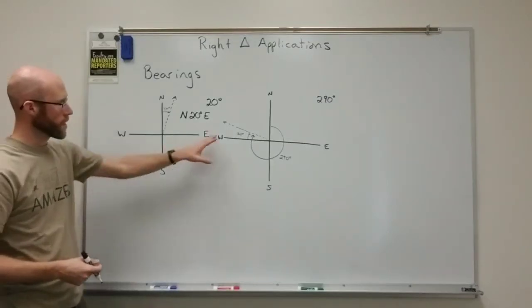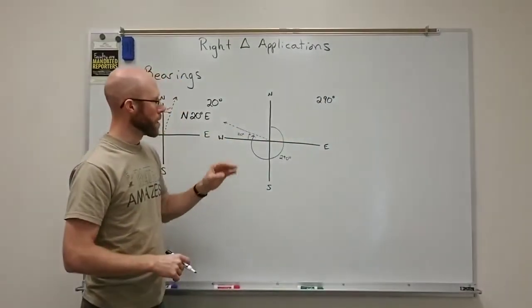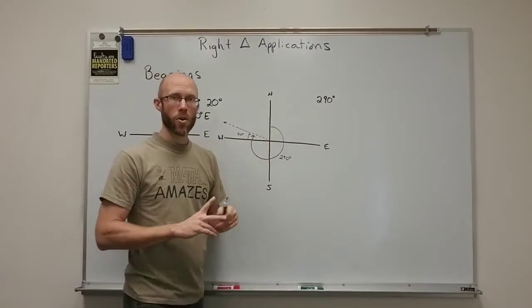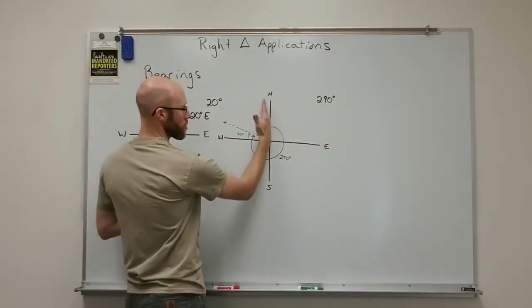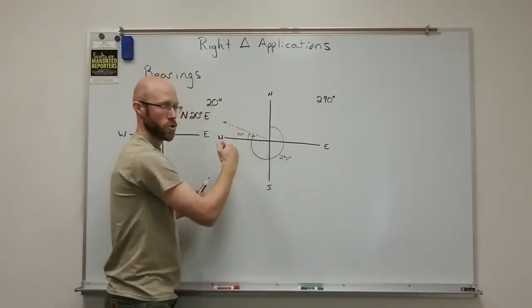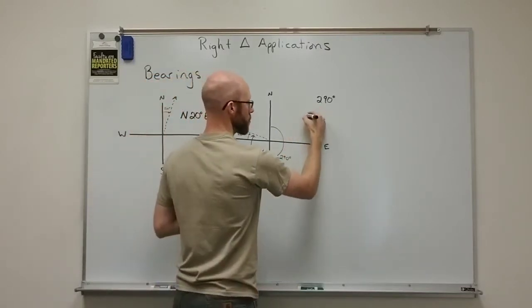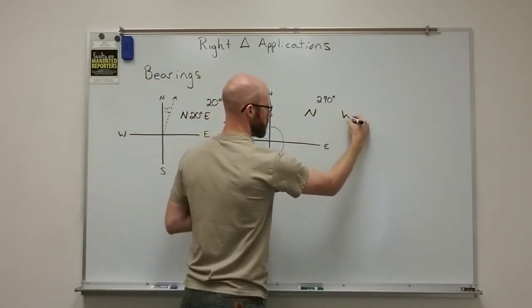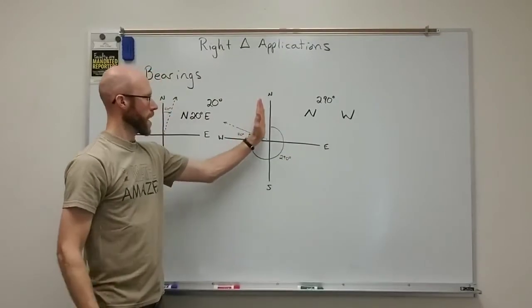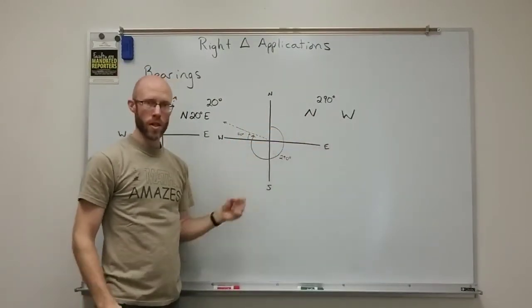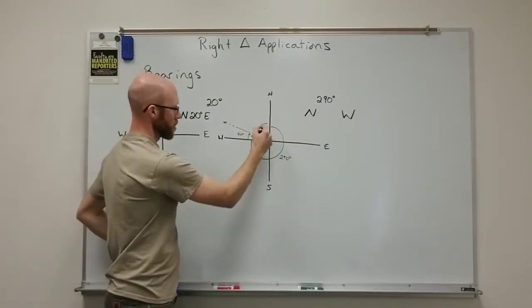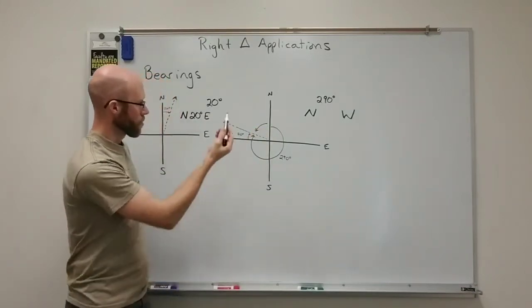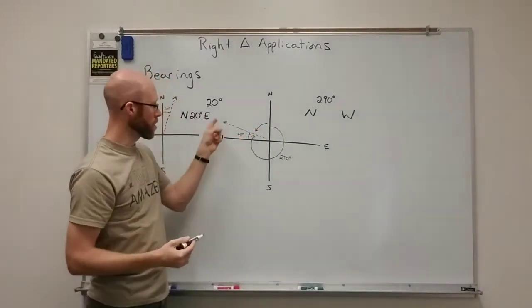All right, in the second example here, the bearing of 290 degrees would actually be the angle coming off of the north direction toward the west. So you would have north followed by west, and the angle that goes between them is the angle going from north to the bearing.